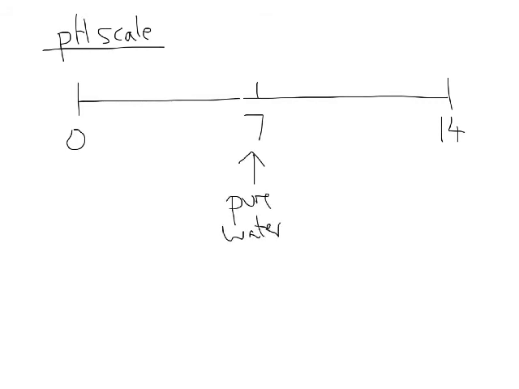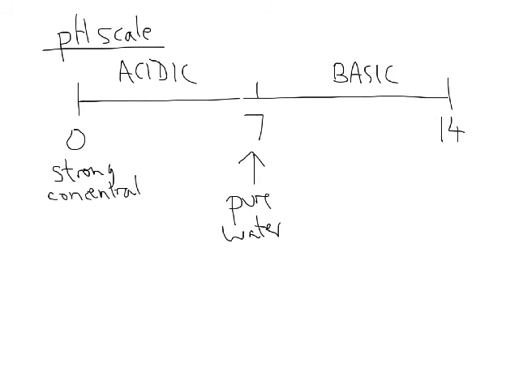This is the acidic side, and this is the basic side. Now clearly, the more stuff we've got and the more it splits up, the more acid it's going to be. So, for example, our strong concentrated acids are going to be right at this end. So it's got to be both strong and concentrated. Our strong concentrated bases are going to be at the other end.